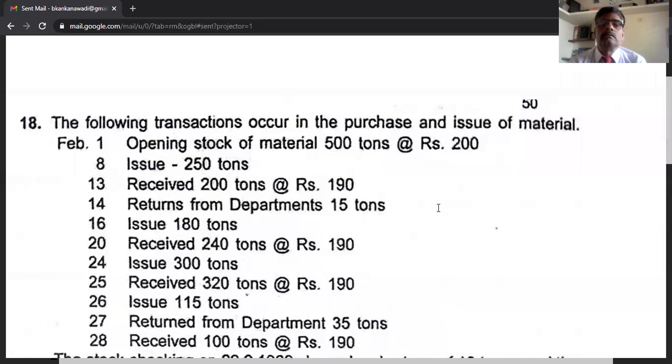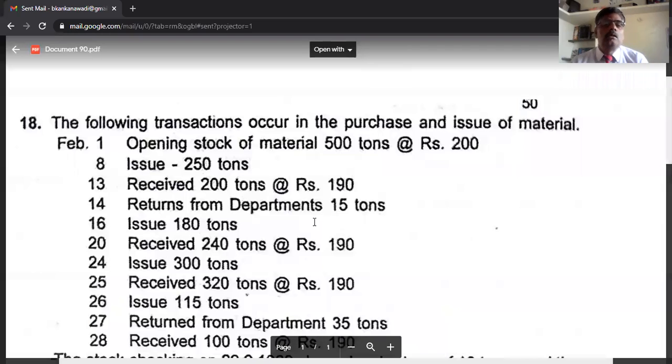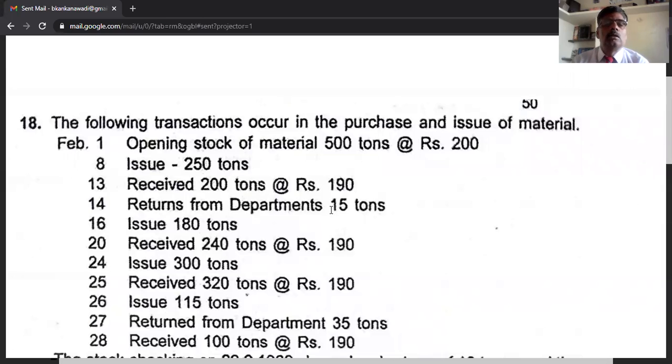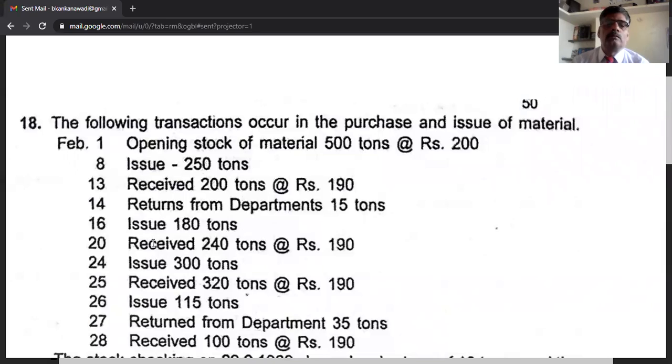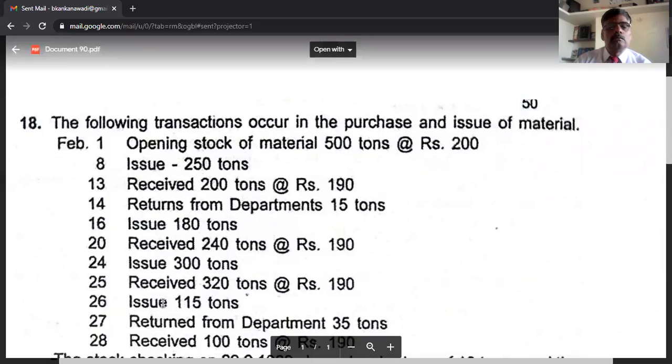Specification is not given, and you record in the receipt column, taking into consideration the recent issue rate. 180 units issued goes to the issue column. Received, record in the receipt column. Issue, record in the issue column. Receipt, record in the receipt column.